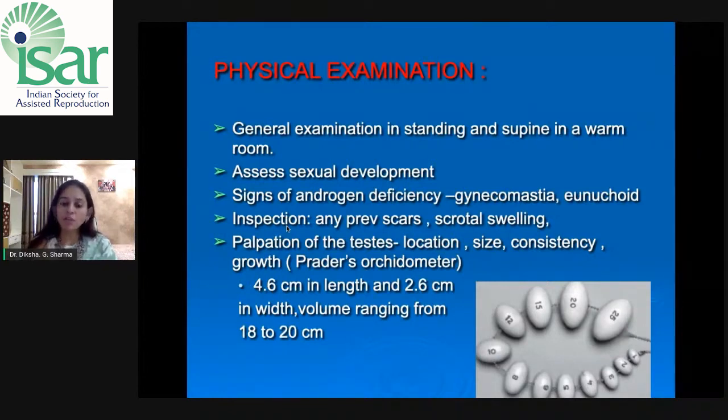There is also the Prader orchidometer, as you can see in the picture, and this can give you a visual. You can compare it and make a quite objective evaluation of the testicular volume. Normally, a testis is 4.6 centimeters in length and 2.6 centimeters in width, and the volume of a normal testis ranges from 18 to 20 cubic centimeters.